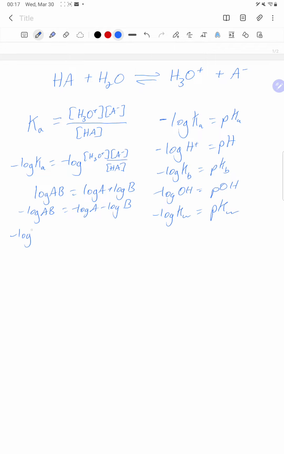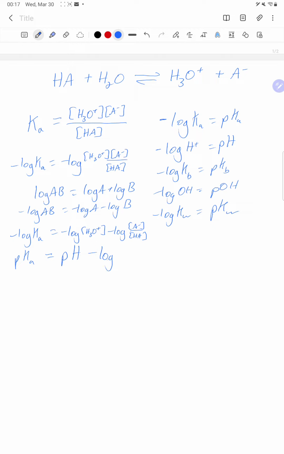So we have the negative log of Ka. We have the negative log of H plus, H3O plus. And we have the negative log of A minus over HA. Now we can substitute in what these represent. The negative log of Ka is pKa. The negative log of H3O plus is pH.